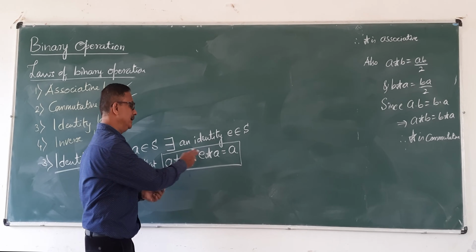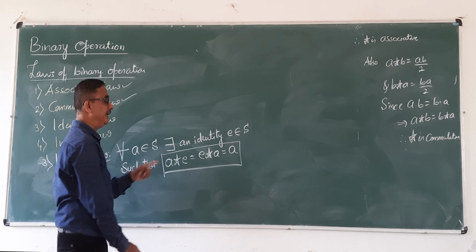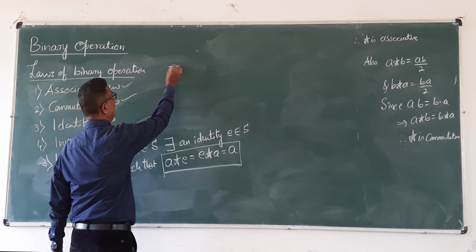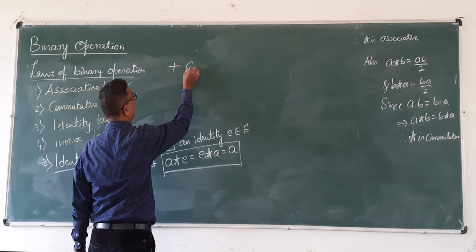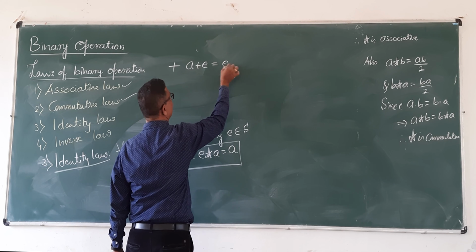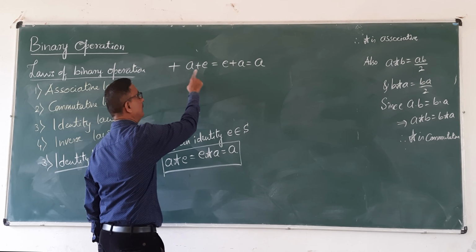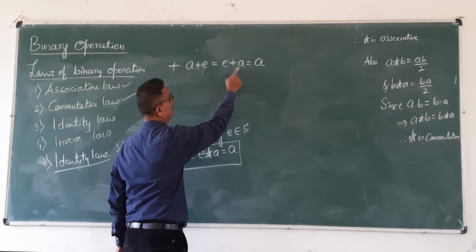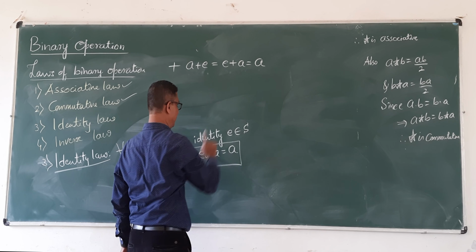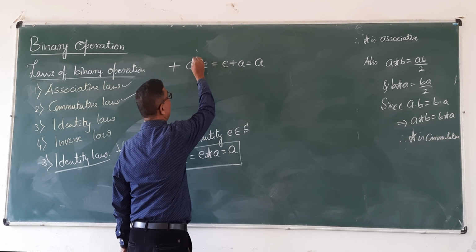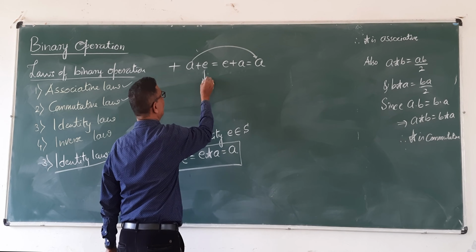Now for example, instead of star, operate addition. If you take addition, what happens? A plus E is the same as E plus A is equal to A. ನೋಡಿ, A plus E is same as E plus A, both are same, that is equal to A. The answer should be this same element. So what is the value of E?